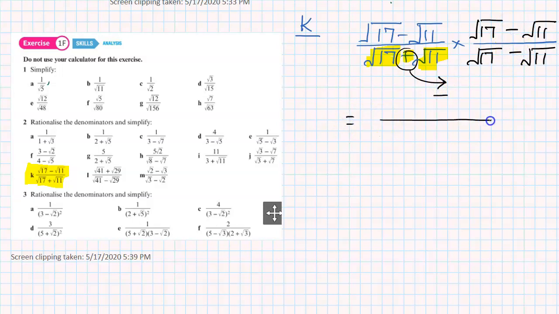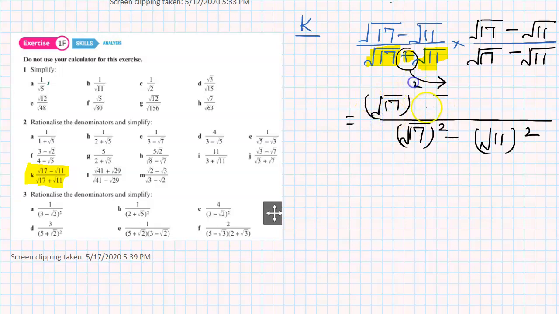So what I'm going to have here is root 17 square is 17. Okay, let me write the full, minus root 11 square.